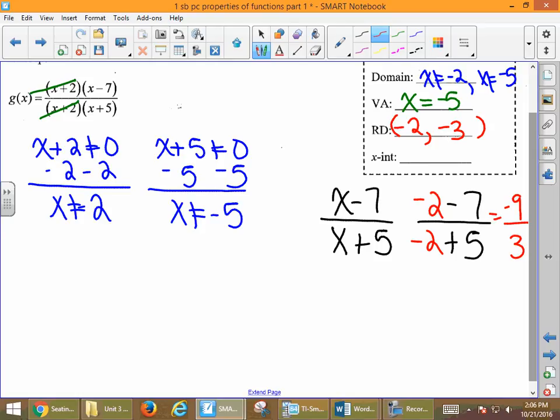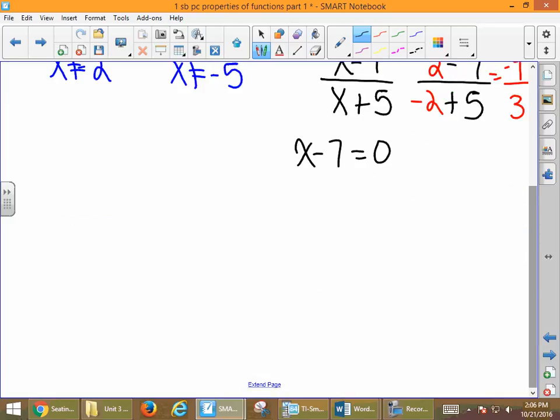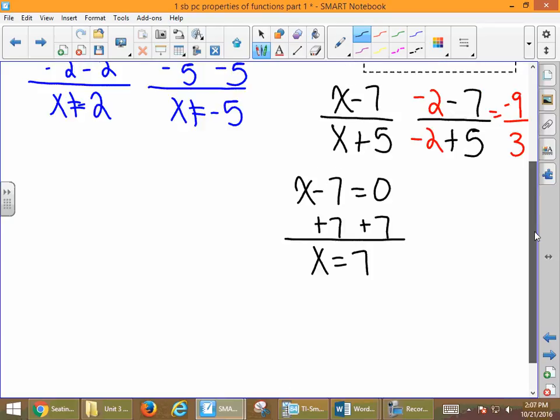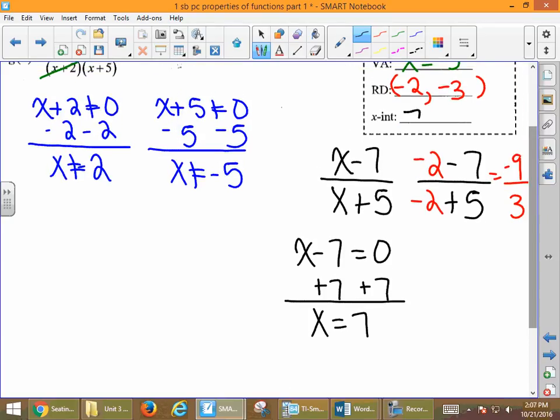So to get our x-intercept, we can take x minus 7 equals 0, and then add 7 to both sides, again, if you need to. If you prefer, type it in your calculator. Use your table function to get the x-intercept.